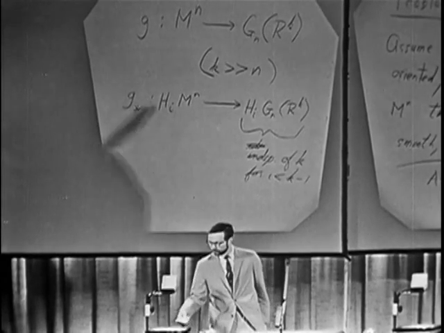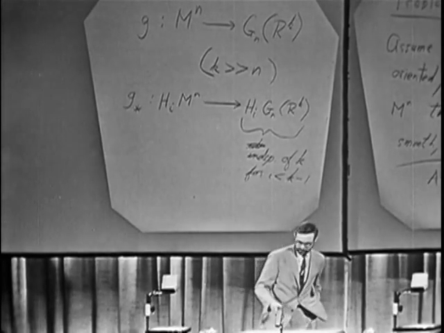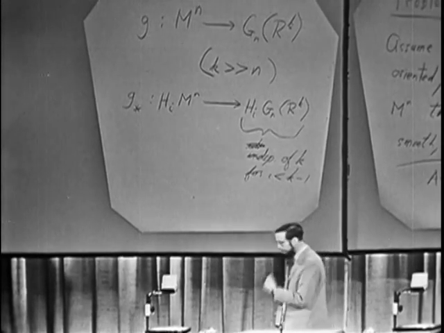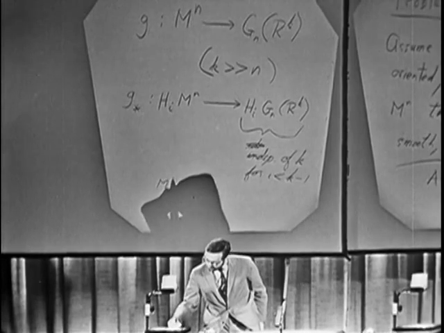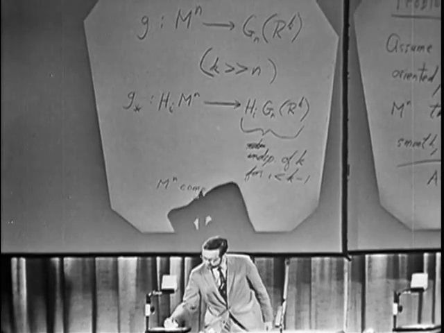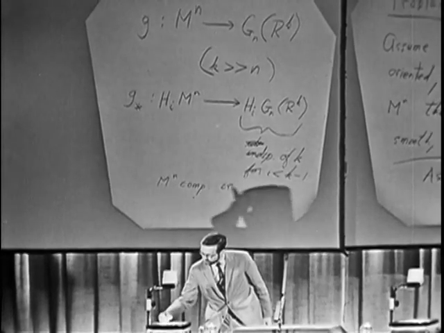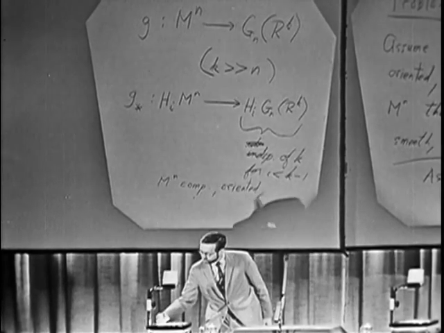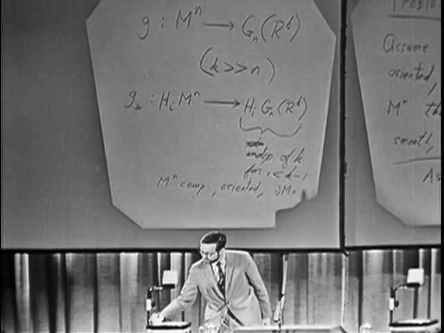Now, in the homology of any manifold, there's one particular class which is important, called the fundamental class of the manifold. Suppose M^n is compact, oriented, and without boundary. The boundary of M is vacuous.